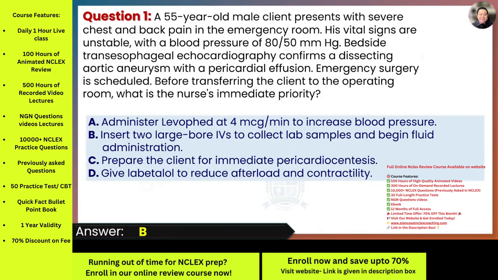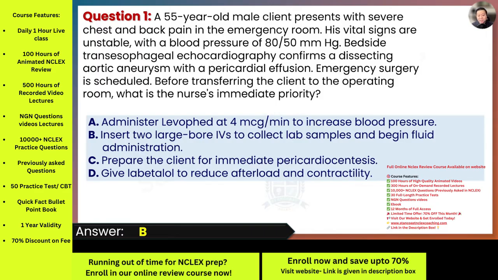And why is that? Well, the dissecting aortic aneurysm is a life-threatening emergency that requires immediate surgical intervention. And the patient is already hemodynamically unstable with a blood pressure of 80/50. And so the priority is stabilization before surgery.